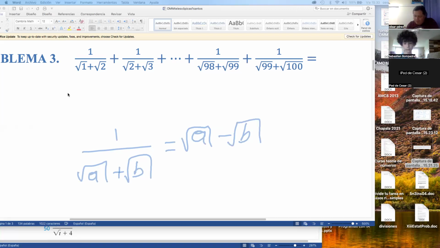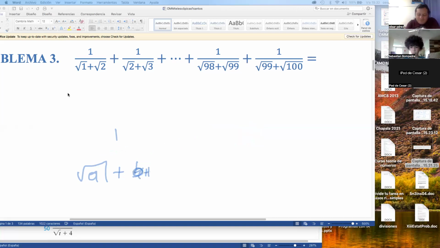Yes, yes, because well, in this case, yes, because b is 1 plus a plus 1. Okay. And you already solved the problem? No. Okay, let's see.